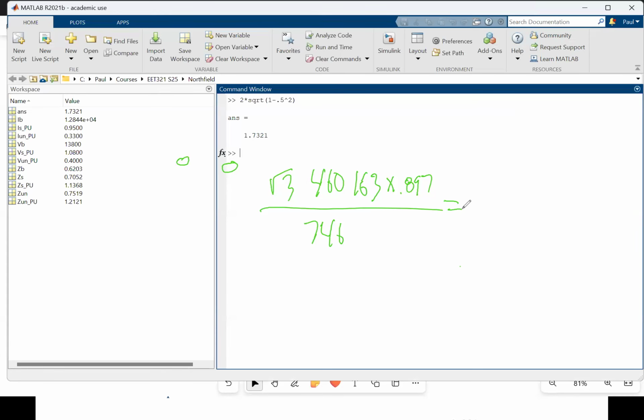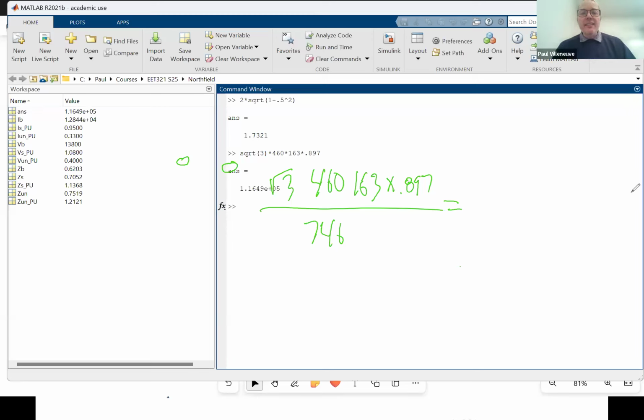What was it? 0.897 by 746, 156.16-ish. Unless I did it incorrectly, I get 116. Did I do something wrong?